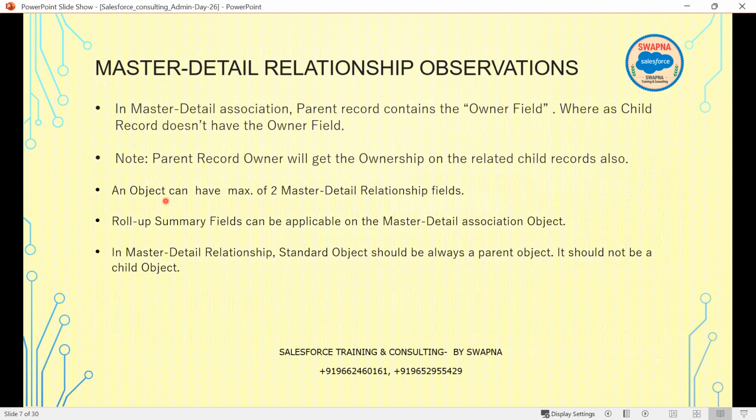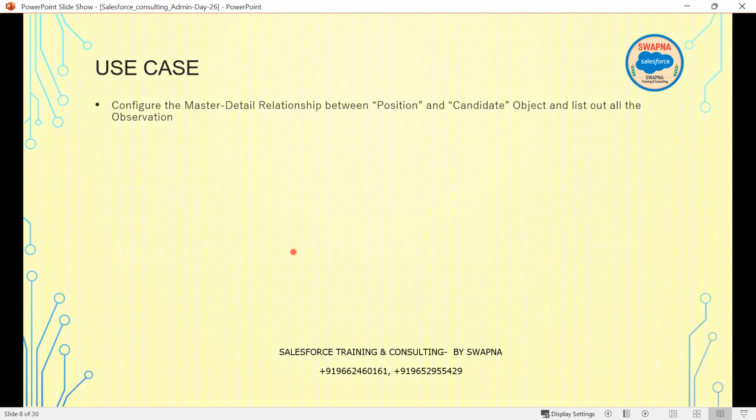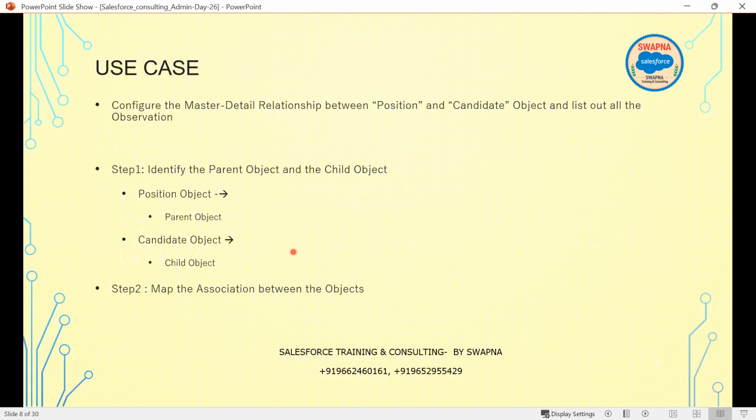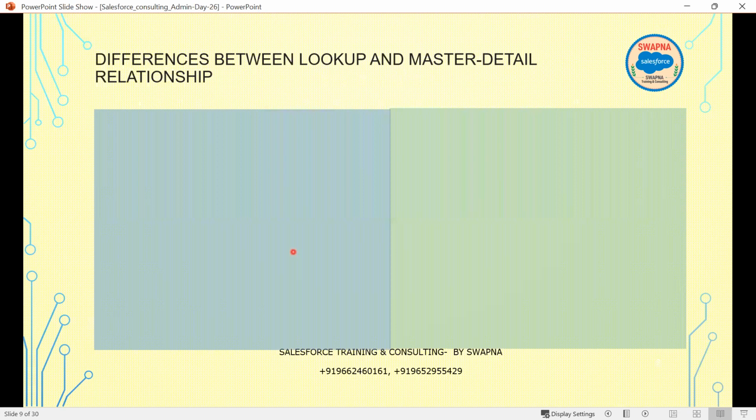Everything we covered is a difference between master detail and lookup relationships. You might get this question in an interview, but if you don't remember all of this, there are maximum 5 or 6 points which you have to remember.